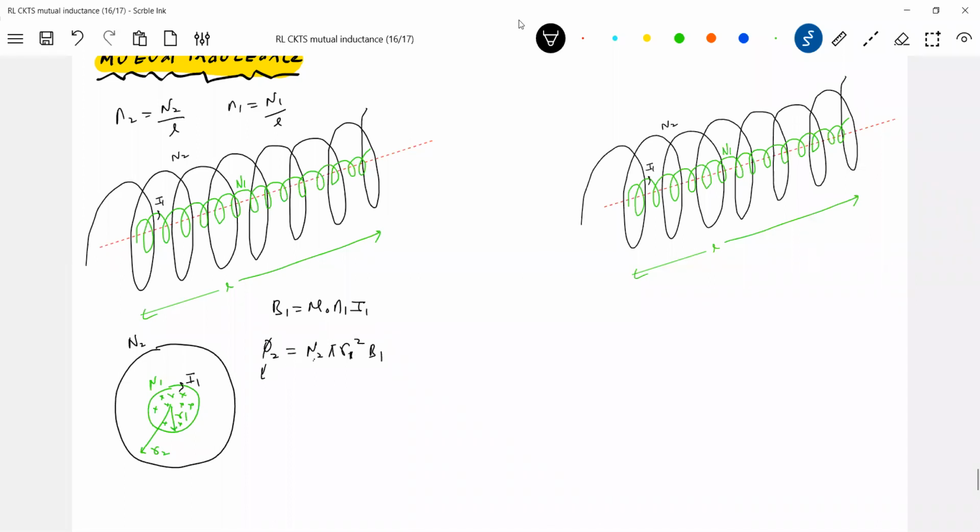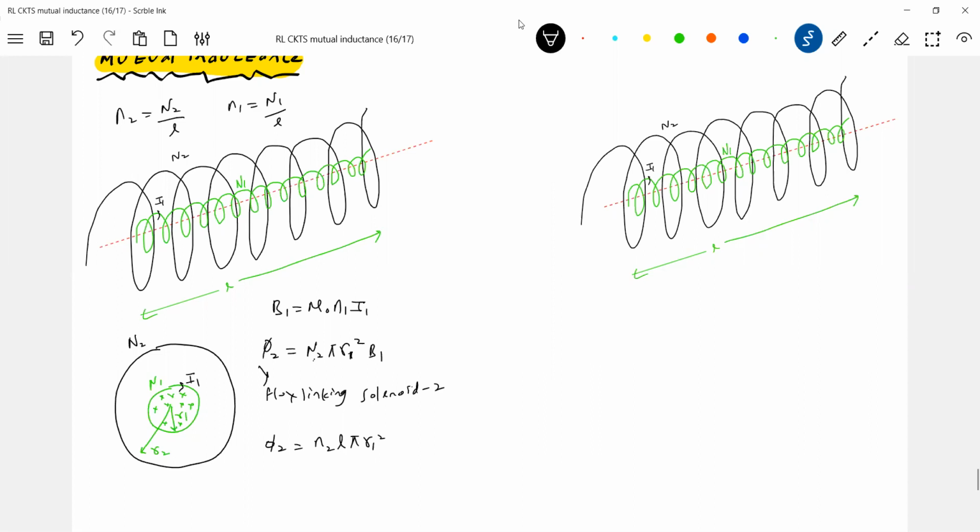I'll write down the terms. Flux linking solenoid 2. So what is B1? So further N2, what can I write? N2 L pi R1 square. Why this pi R1 square? Because where the magnetic field is present, only here, effective area.